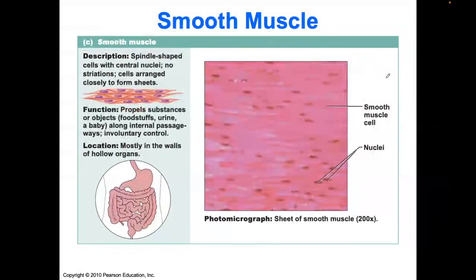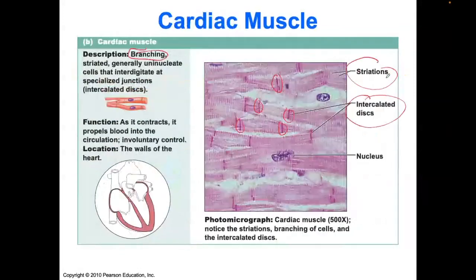These intercalated discs, if we were to separate them and pull this cell and this cell apart, right between the two, there would be gap junctions. And gap junctions are used for fast, rapid forms of communication.